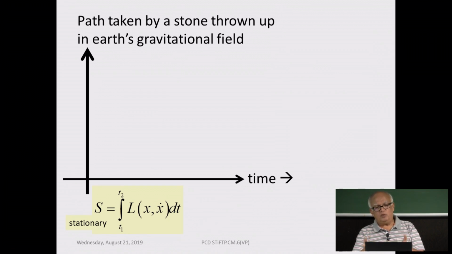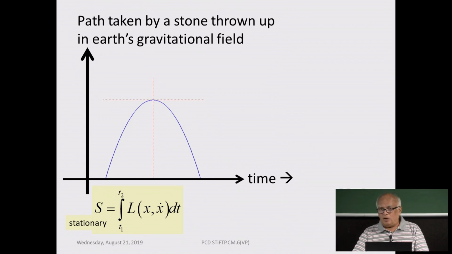You know that the force is gravity, so you will put mg in your equation of motion and integrate this equation twice to get the solution. And in the solution you will put the two initial conditions. Where have you thrown it from and at what speed did you throw it? What is the solution that you get? You get a parabola, right?